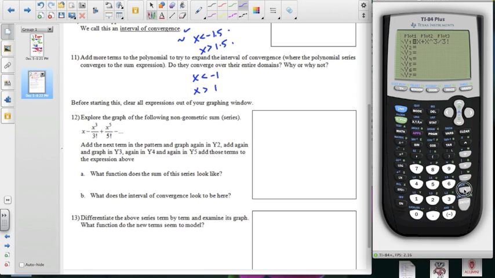And then plus x to the 5th divided by 5 factorial. So if we look at that approximation, it looks something like this.